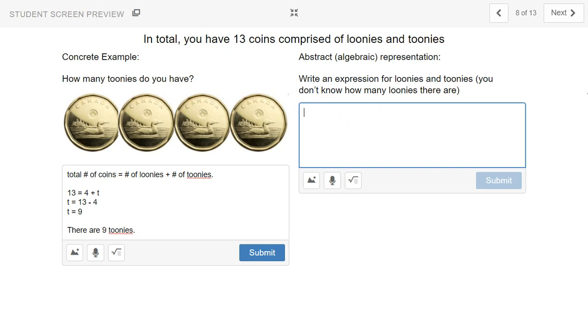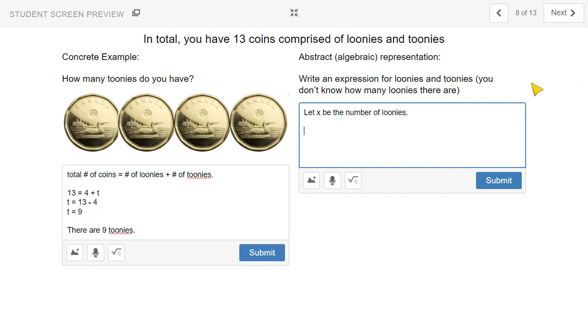So if we don't know how many loonies there are, let's assign a variable to it. Let x be the number of loonies. We do know, however, that there are 13 coins in total. So remember back here, we got toonies by taking the difference. We knew that the difference between 13 and 4 would give us the number of toonies.